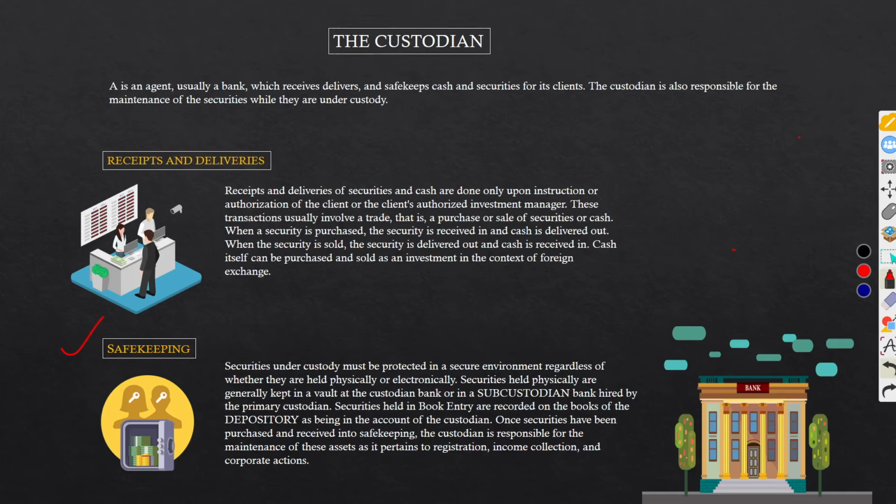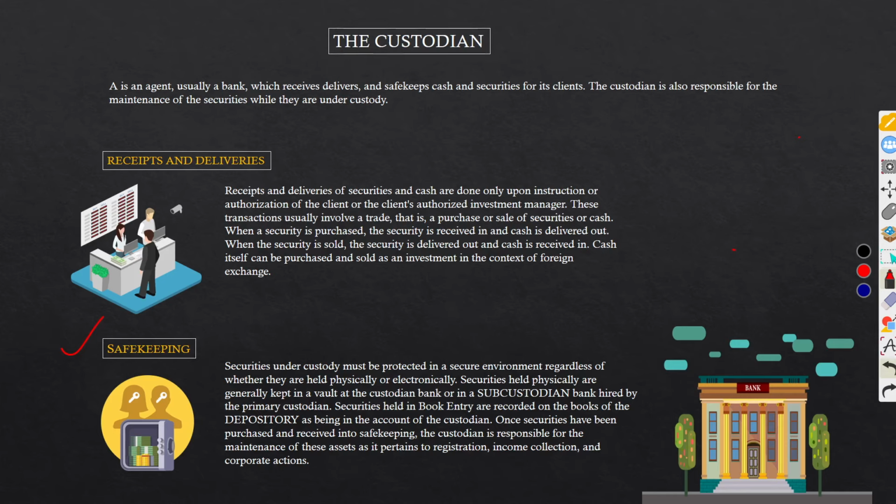Securities held in book entry are recorded on the books of the depository as being in the account of the custodian. And once securities have been purchased and received into safekeeping, the custodian is responsible for the maintenance of these assets as it pertains to registration, income collection, and corporate action.